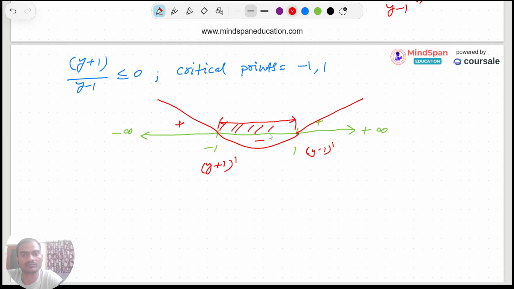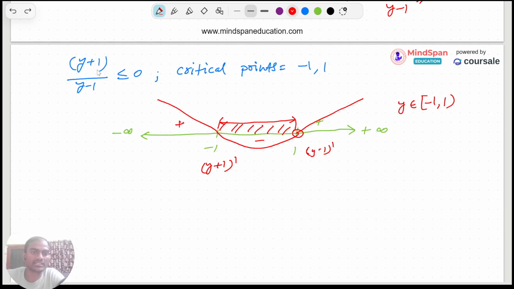In this portion, where the curve is from minus 1 to 1, we can say that y is from minus 1 to 1. At 1 we have to give an open bubble. Open bubble means we cannot put this one, otherwise this machine will break. We cannot have y equal to 1, so 1 cannot be part of the answer, but minus 1 can be.